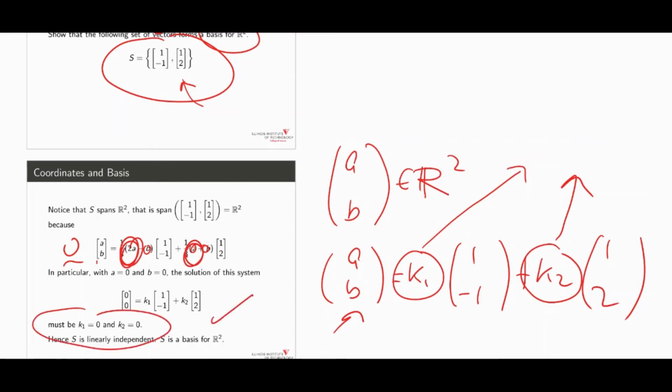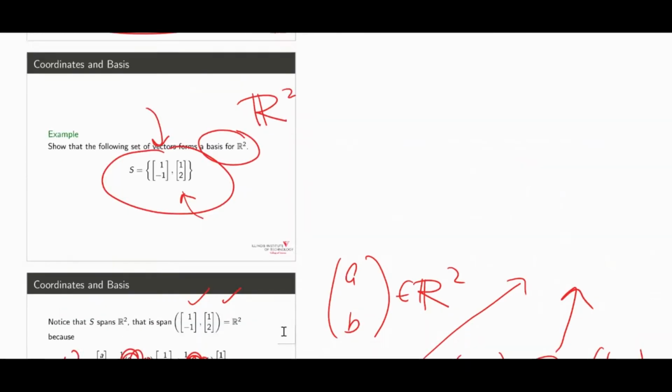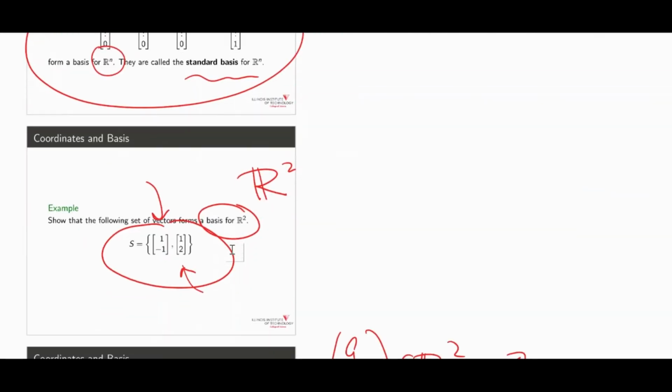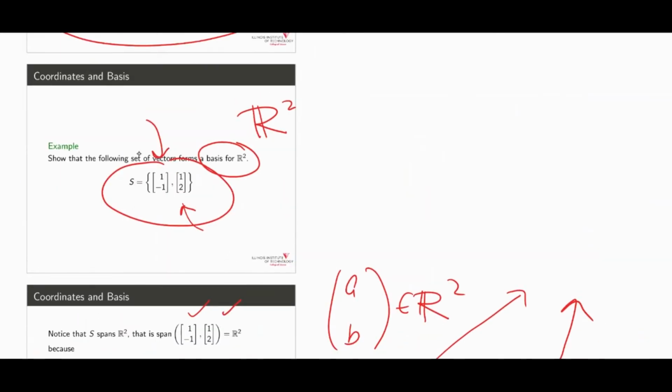Because of that, these two vectors not only span the entire R2, but they are also linearly independent. Therefore, by the definition, they are considered a basis. So this is also a basis for R2.